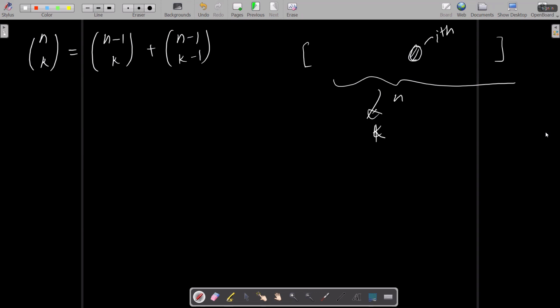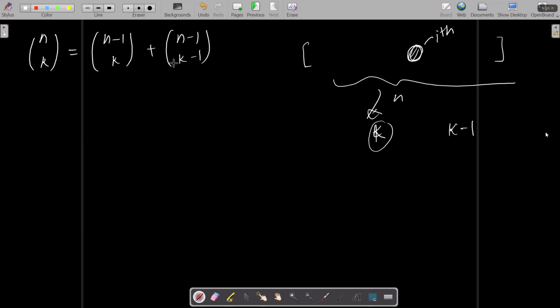If we take the ith element out, then we should take another k minus 1 elements from the other n minus 1 elements. If we take the ith one into this subset, then we need to choose k minus 1 from the rest of the elements in the original array.